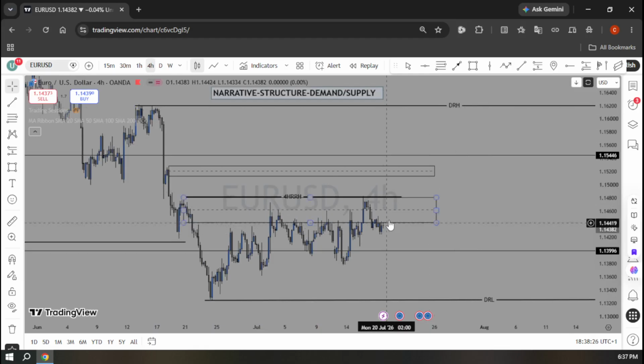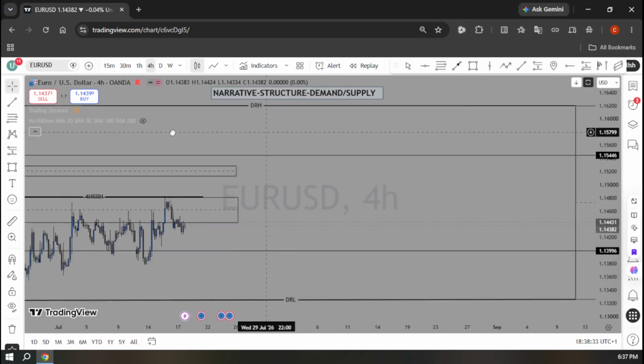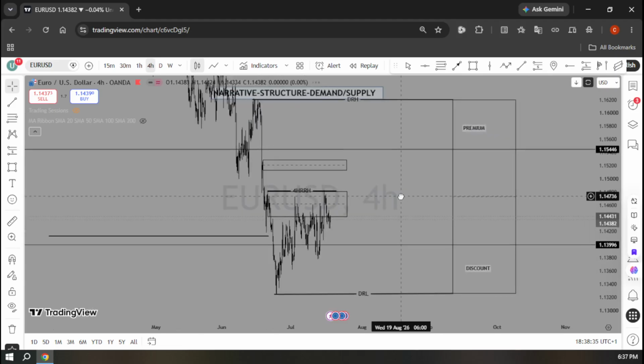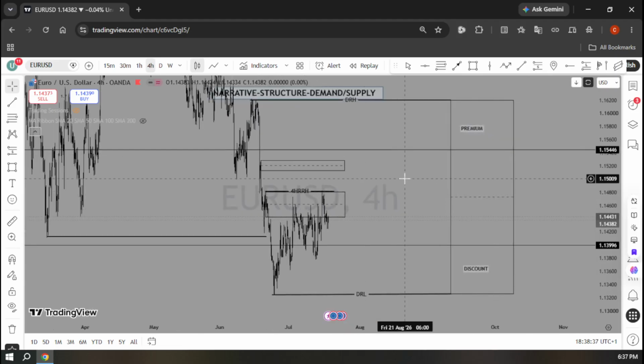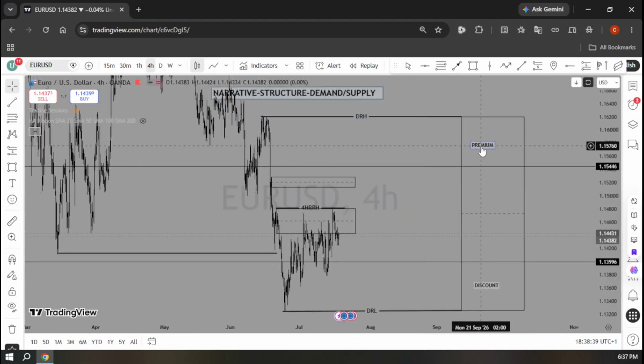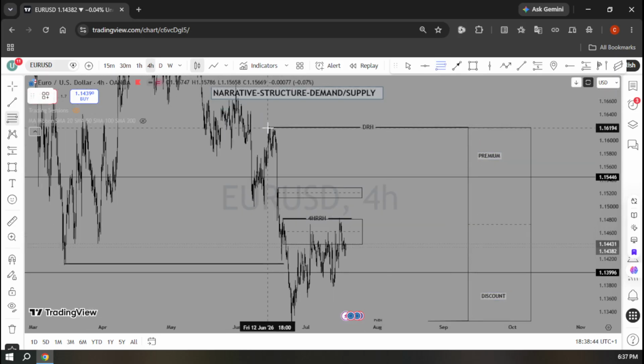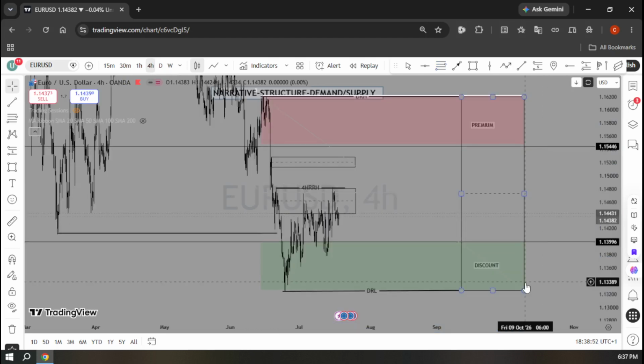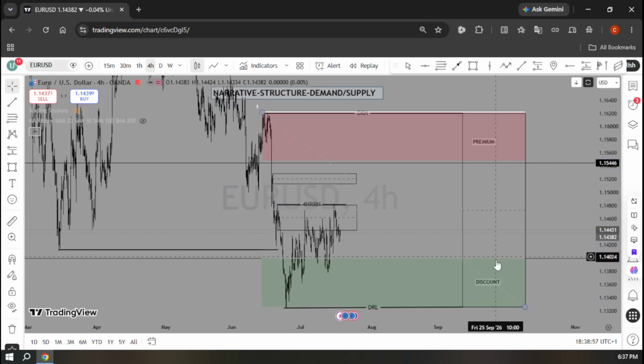So if we have price closing right above here, we would anticipate a move higher, because looking at our premium and discount dealing range on the daily time frame, this is our premium price and this is our discount price, and still applying the fib, this is our premium and this is our discount.